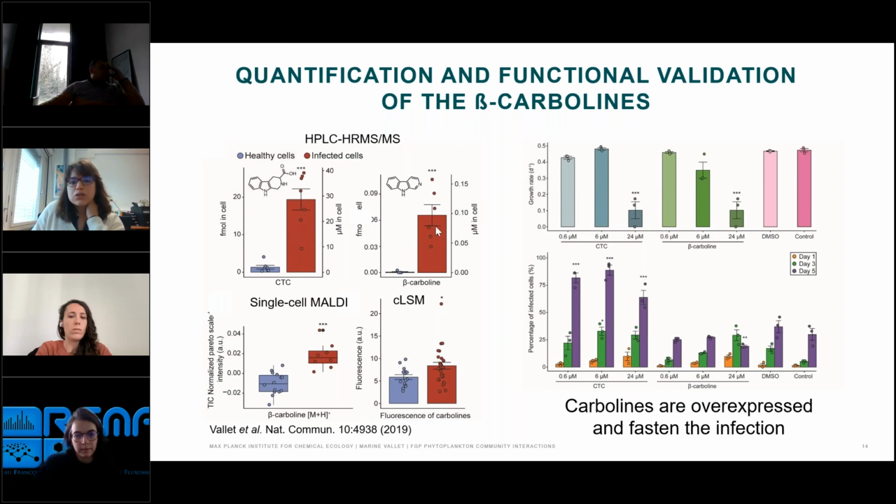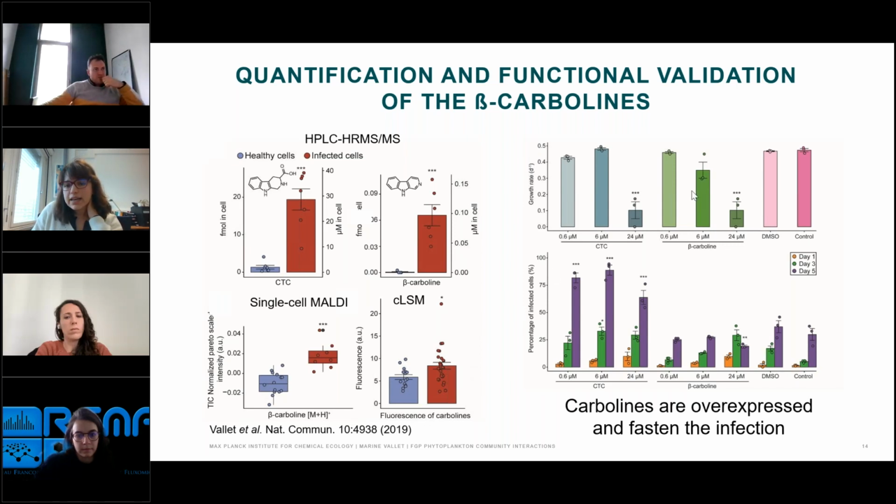So then to prove the function of these compounds, because we had access to the standard, we proceeded to do some functional assays by adding the compounds to the healthy culture and showing that at the relevant concentration, the growth rate was reduced. So the healthy cells do not grow much when you add these compounds.